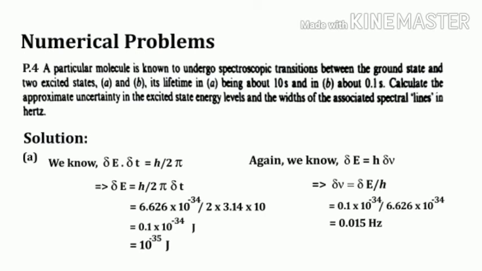We know that according to Heisenberg's energy uncertainty relationship, del E into del T is equal to h by 2 pi.